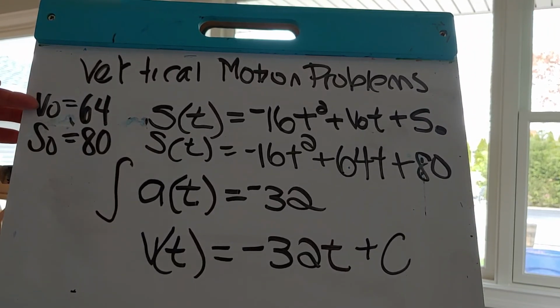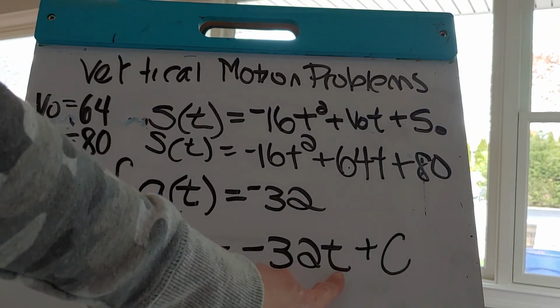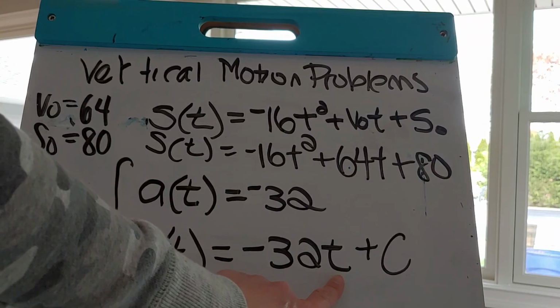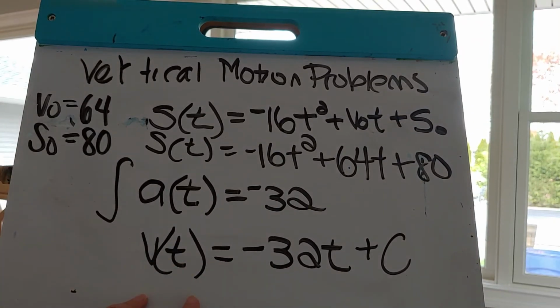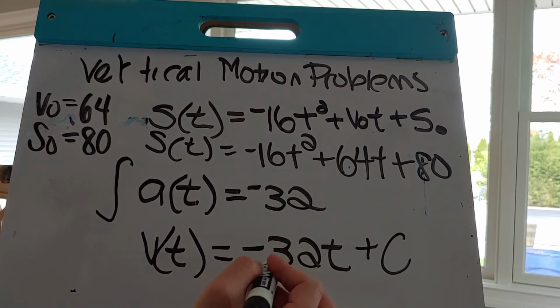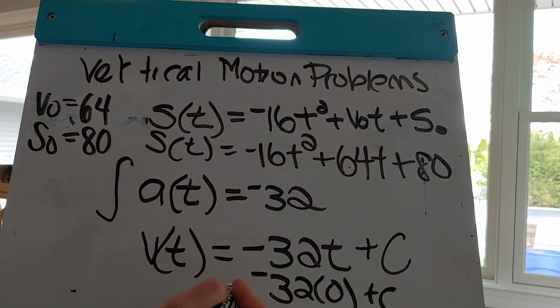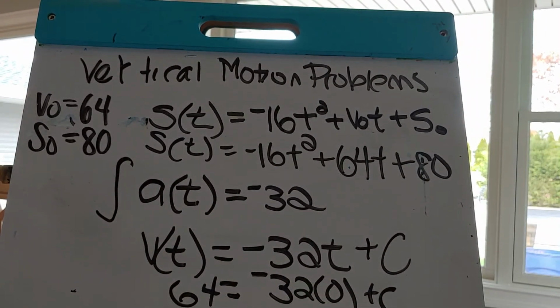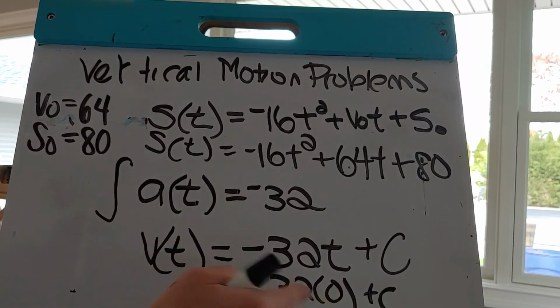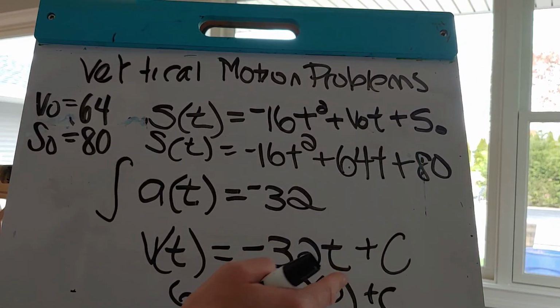So it means that when my time is 0, my velocity has to be 64. I'm going to use that initial condition to solve for my c value. So when my time is 0, my velocity is 64. If I solve that, this whole thing is just 0, so I get c equals 64.